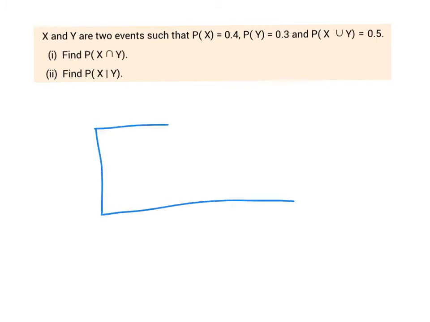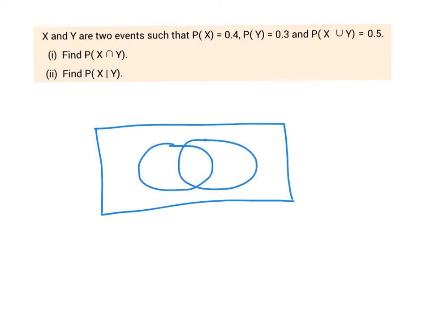So if I draw my little Venn diagram here, here I have x and here I have y. I know that all of x is equal to 0.4. I know all of y is equal to 0.3. I know what the total of the three bits here is equal to, but I don't know this bit here. So what would I do?